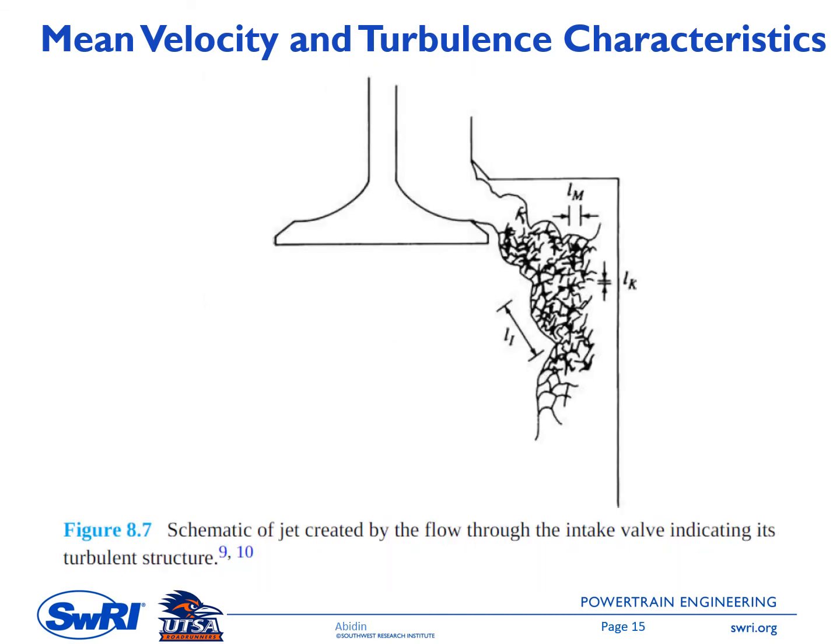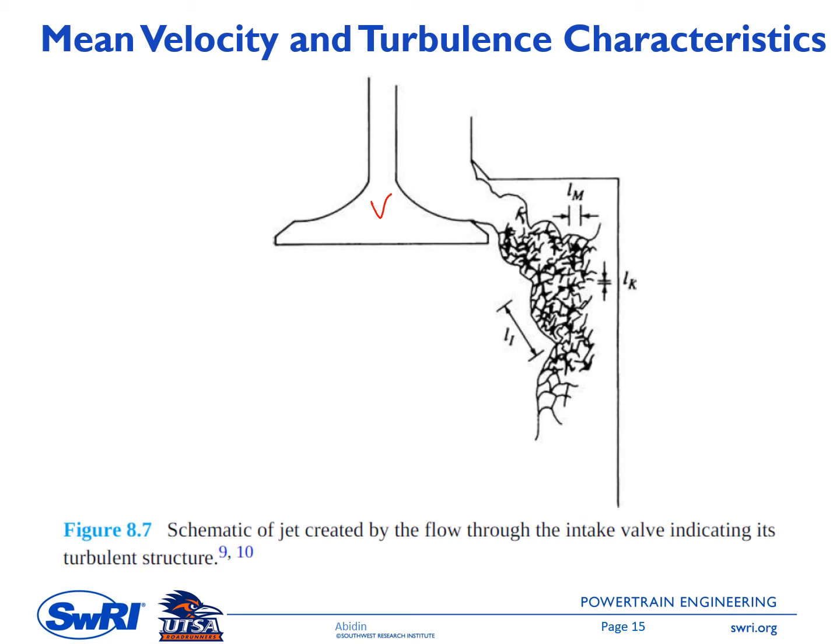In turbulent flows, a number of length scales exist that characterize different aspects of the flow behavior. This figure shows a schematic of a jet created by the flow through the intake valve. So this is the intake valve, and this jet indicates the turbulent structure.